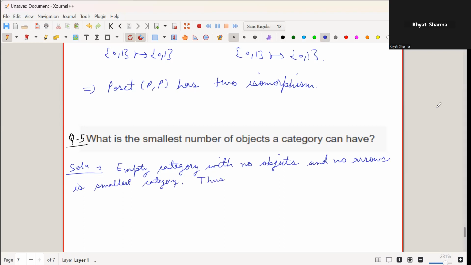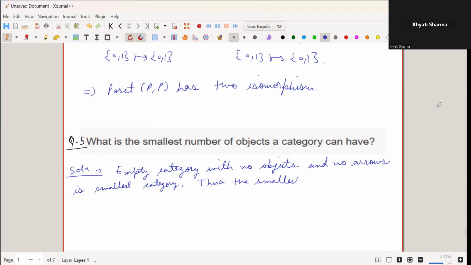Thus, the smallest number of objects that a category can have is 0.